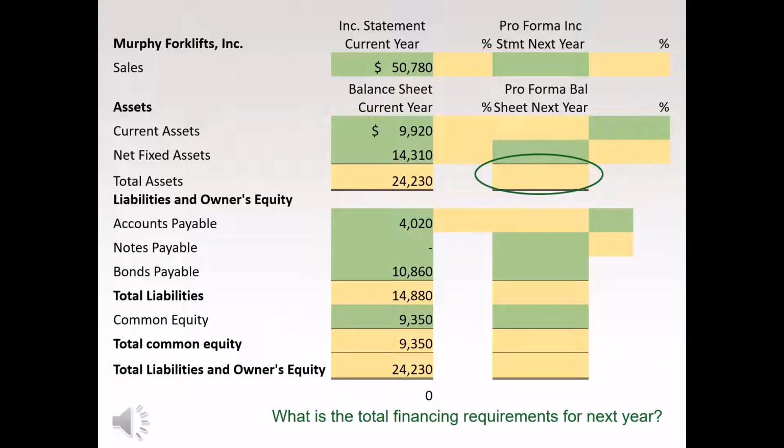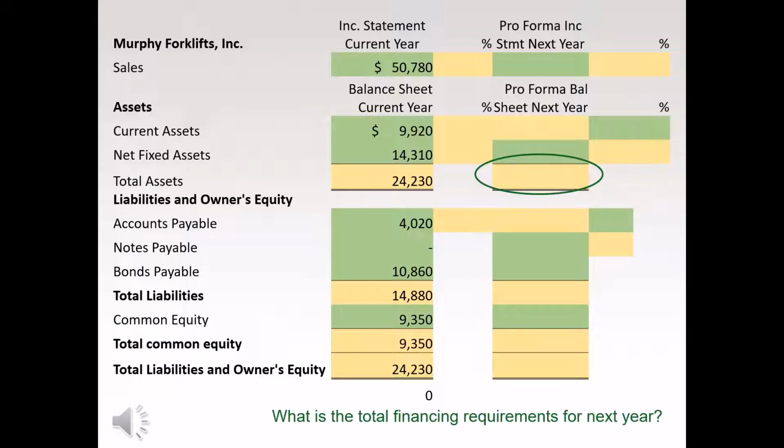Remember that our accounting equation says that assets equal liabilities plus equity. Another way to think of that is our assets are the things, if you want to put it that way, that our company has that needs to be financed. That's how we make money, through our assets. So our assets need to be financed, and we can finance our assets through either liabilities, that's debt, or through equity.